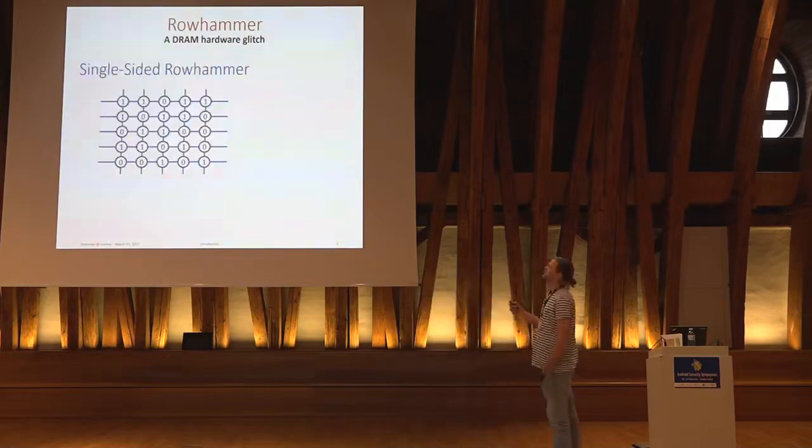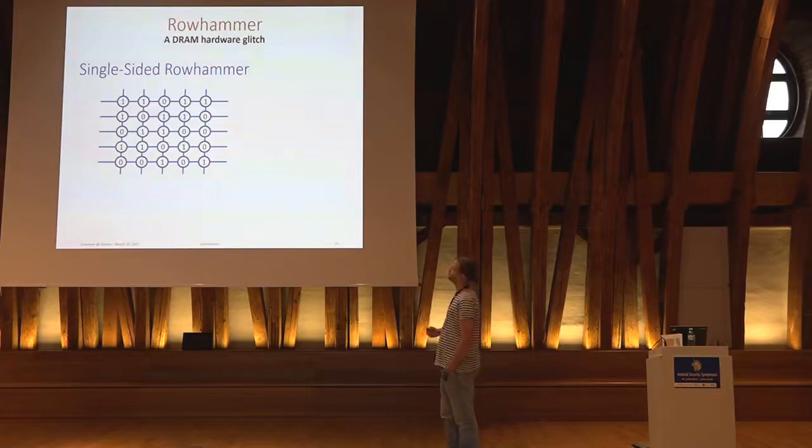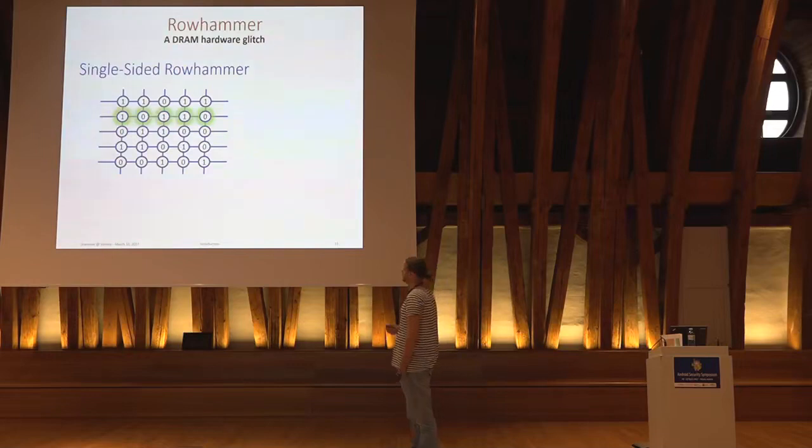I have an animation of how this works. So this is the simplest form of Rowhammer, single-sided Rowhammer. This is your memory, you have cells laid out in a matrix, and if you're going to access something from your DRAM, you're accessing one row at a time. So let's say you access something, and then you read from somewhere else, and then you read again.